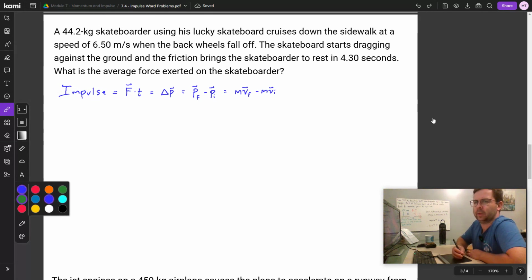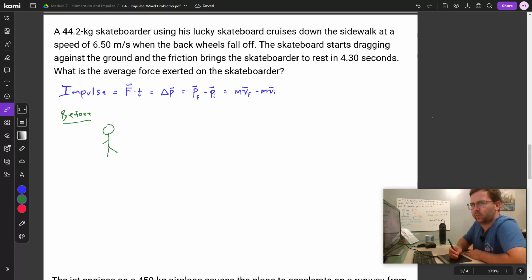So I'm going to begin by drawing a picture of before and after. That always helps to visualize the situation. If you're working this out with me, I would encourage you to put your artistic skills to the test here. Okay, so we've got a skateboarder. He is moving at a speed of 6.50 meters per second.